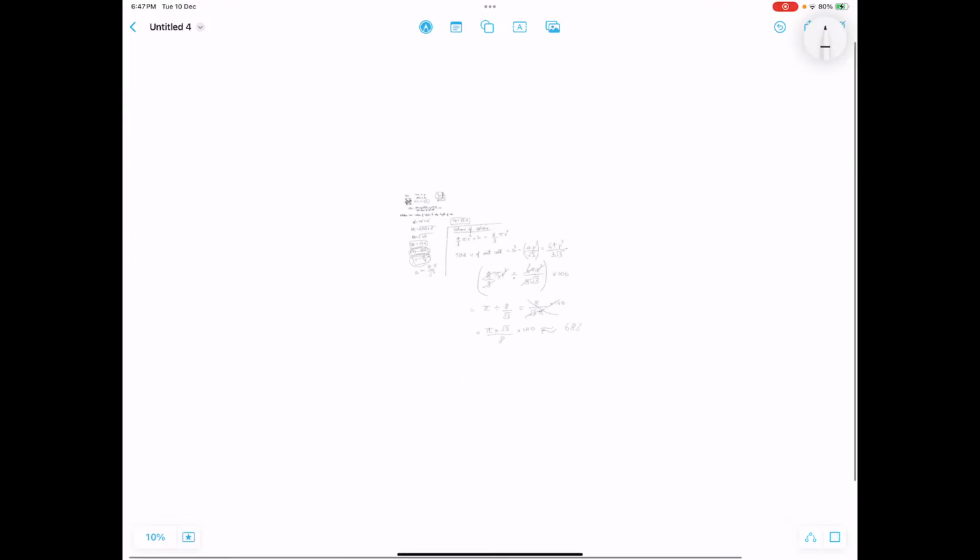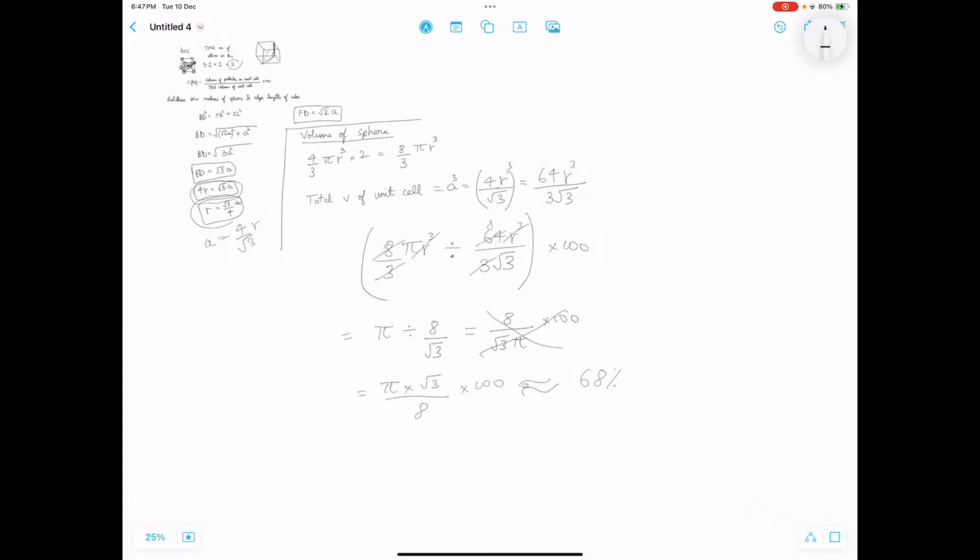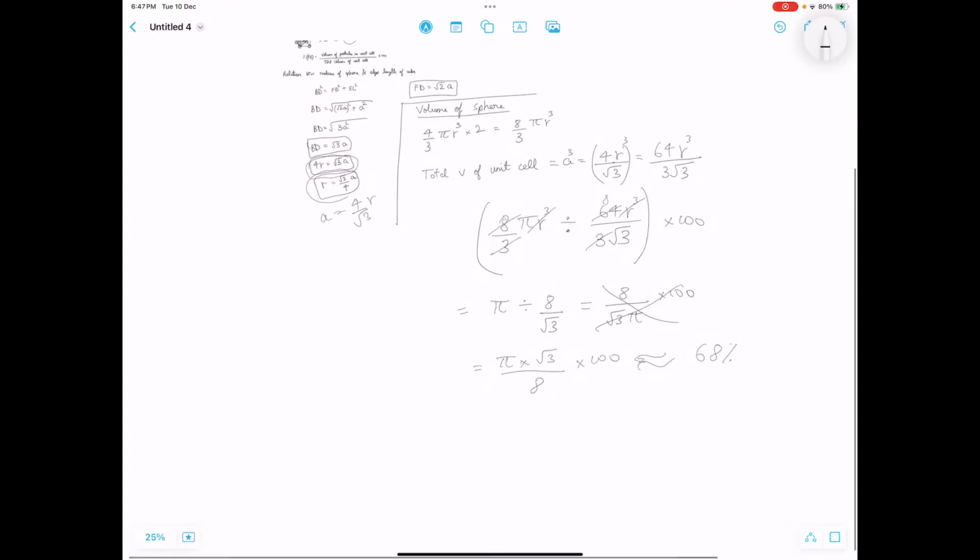Okay, so now we have calculated the packing efficiency of all three crystal structures. So let's write once again SCC, FCC and BCC.